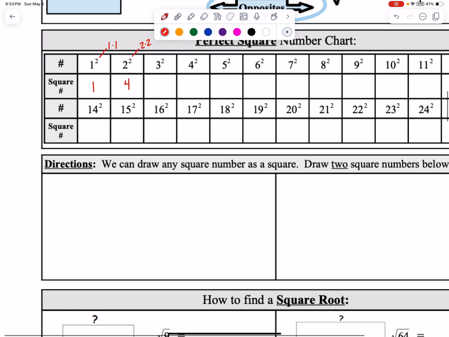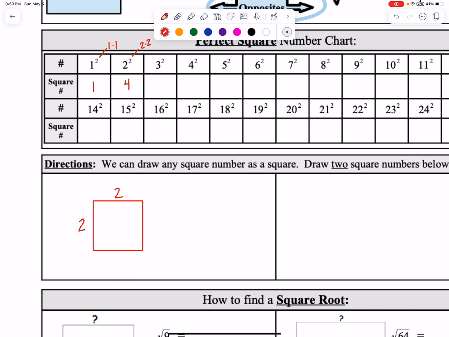And we can actually slide down here real quick. It says, can you draw 2 square numbers? So let's just draw the 2 by 2. In Notability here, you can draw a square and then hold it. There we go. So this just means we have a length of 2 and a width of 2. So it's a 2 by 2, or 2 squared, which is what makes a square. Duh, that's why we call it that. Just like a cubed would make a cube.